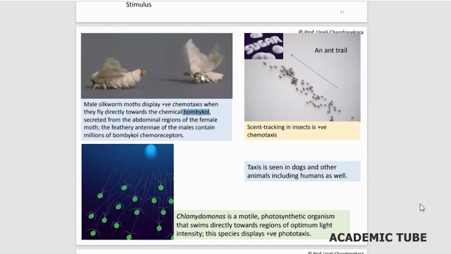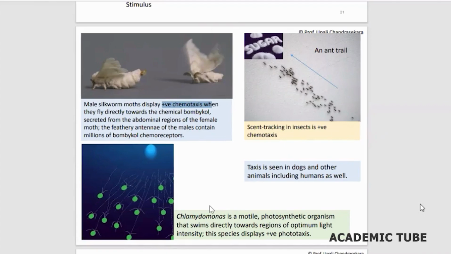So the insect activates and becomes airborne, focuses on the direction from which the smell comes, flies, and eventually locates the female. Interesting, isn't it? So this is positive chemotaxis, because the male flew towards the female.